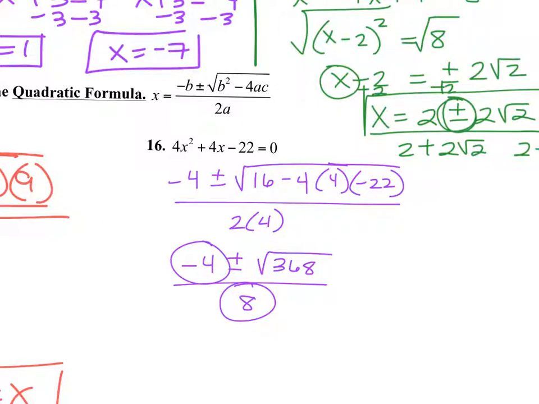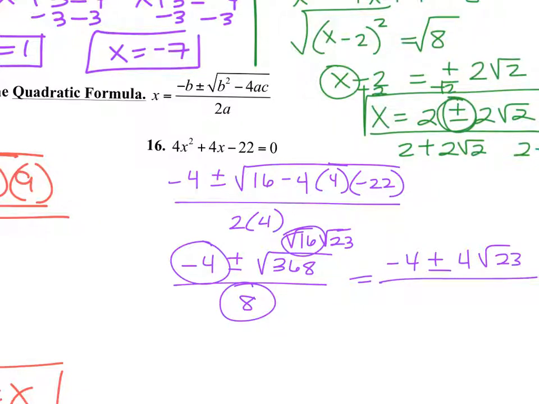So like 368 divided by 4, which actually gets you something, but you can actually factor that further. So don't stop there. 16, right? 4 goes into 16, 8 goes into 16. So try 16. 368 divided by 16 is 23. So this would be the square root of 16 times the square root of 23. So what you get is negative 4 plus or minus 4 rad 23 over 8.